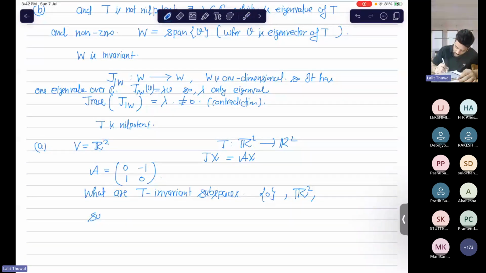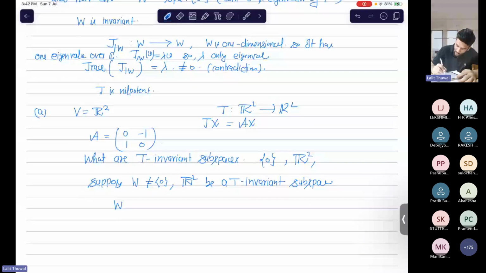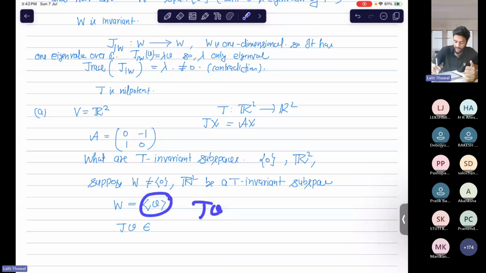Okay, suppose W is not equal to 0, not equal to R square, a T invariant subspace. Then W must be one dimensional, right? And Tv must lie inside W, because if this is T invariant, then the image of v must be inside this.